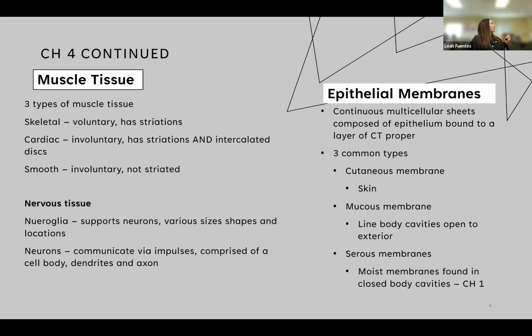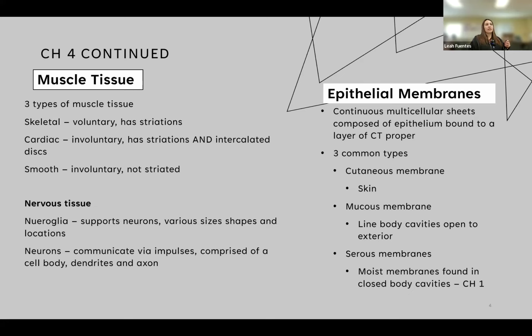Okay, so continuing on, epithelial and connective are the more complicated ones. Muscle tissue is pretty straightforward. We have our three types: skeletal, cardiac, and smooth. I'll come back and talk about these, but the big thing to know is that skeletal is voluntary.